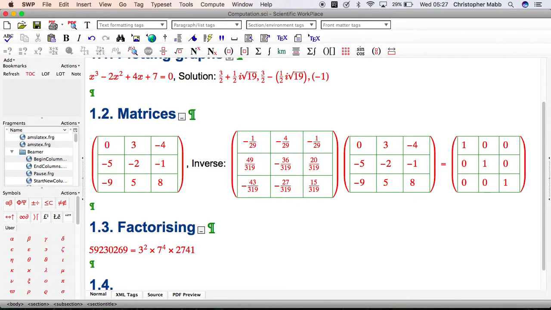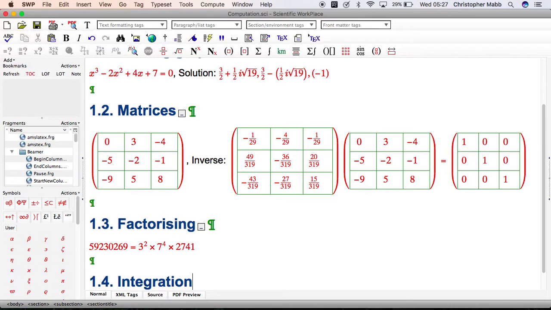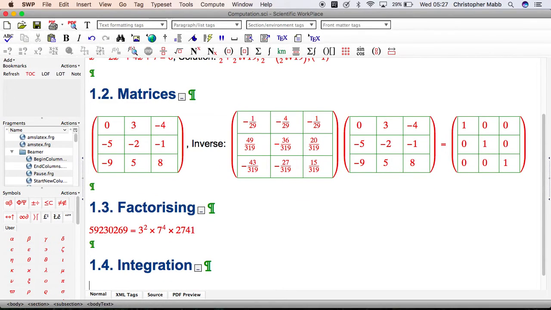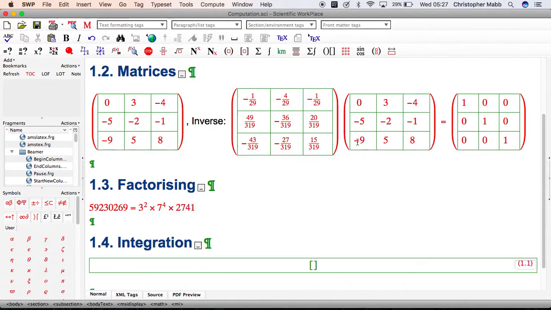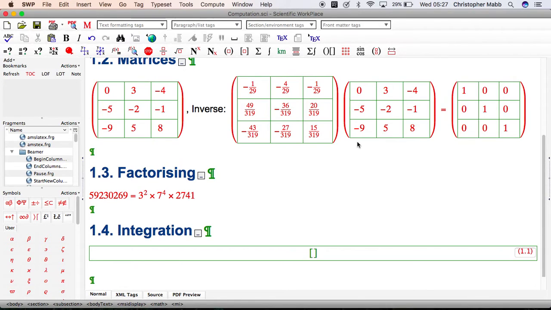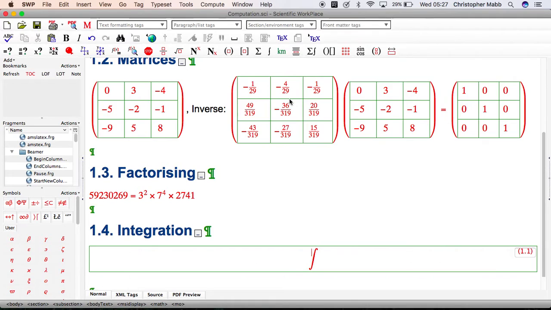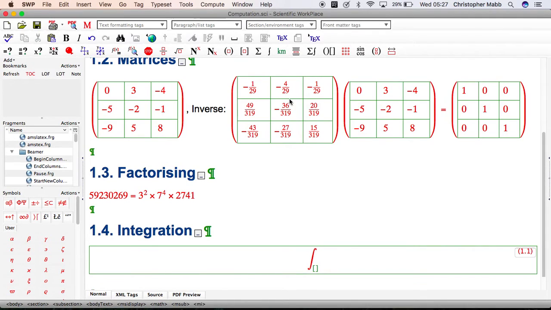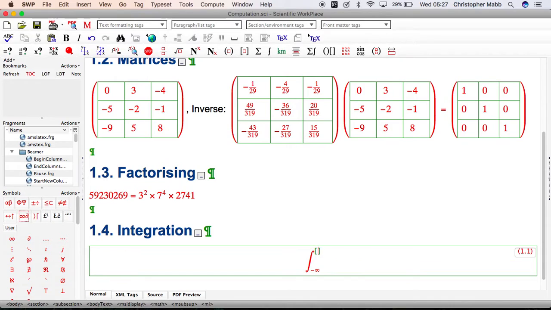What about some integration? We'll bring in a display with Command D or Control D. Then let's have an integral. We could point and click, or Command I for integral, Command down arrow for the lower limits, minus infinity from the symbols over here, tab to the upper limit plus infinity, and spacebar back to the main line.